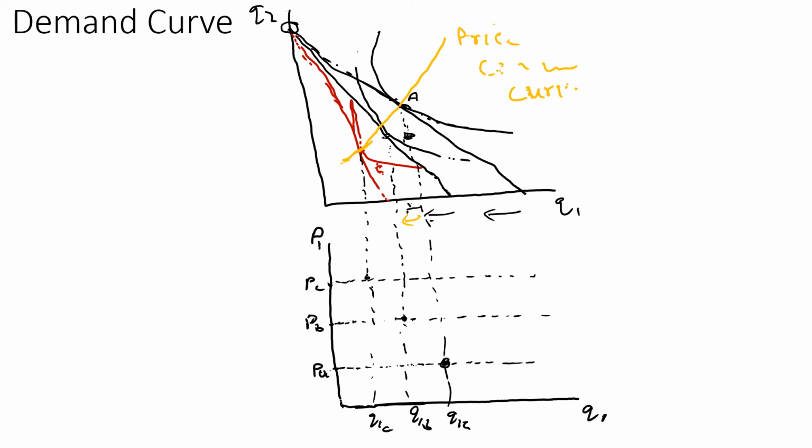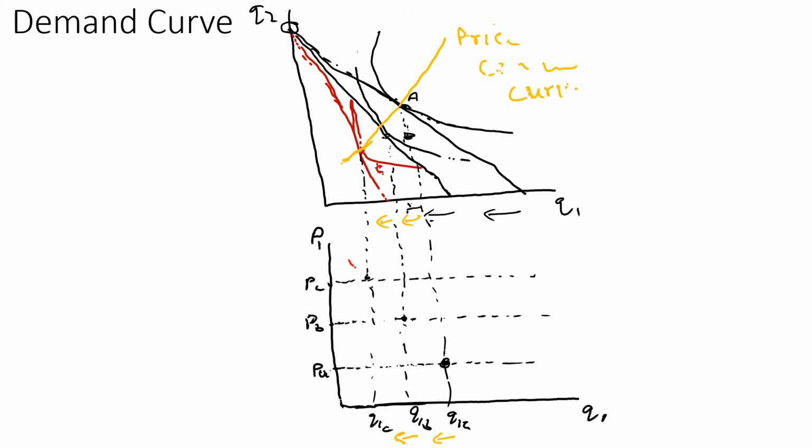You can see already in the first graph that the quantity was decreasing, and similarly here we can see the quantity from Q1A to Q1B and then to Q1C. So it is decreasing in both cases. Now let us join all these points.